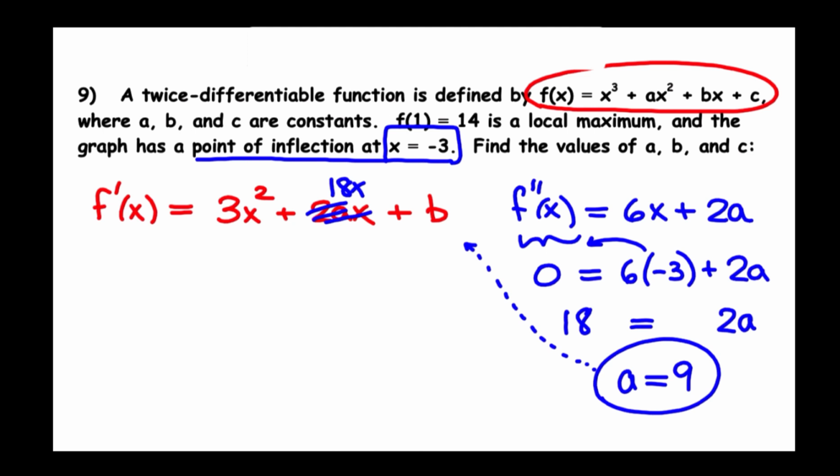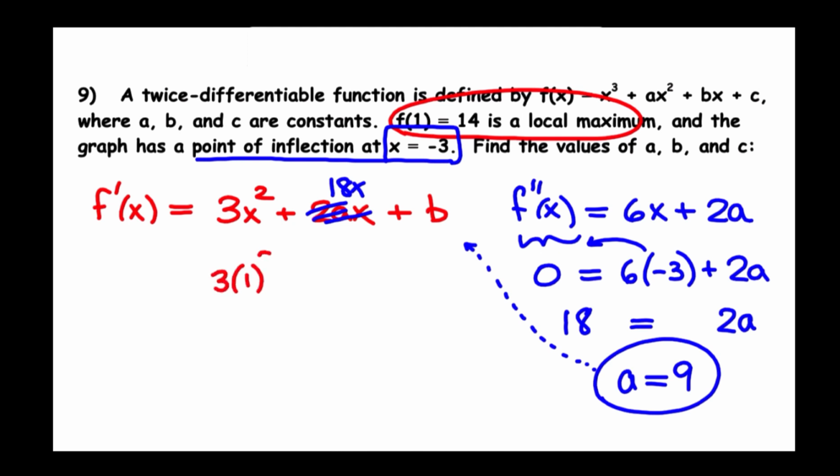Next, I see that (1, 14) is a local maximum. Right there. So that means that if x is 1, then the derivative would have to be 0, because when you have maxes or mins, slope is flat.